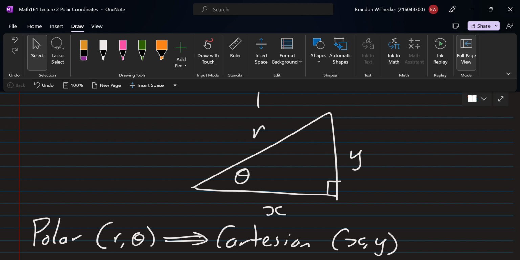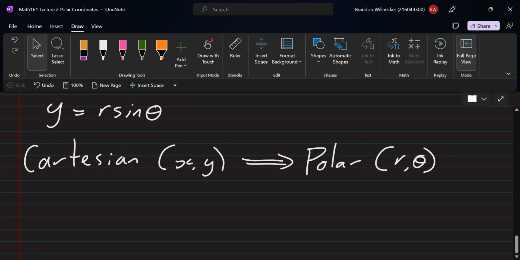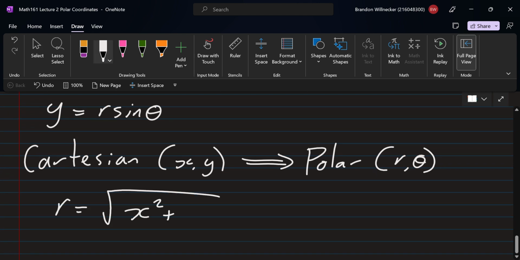How do we go back and forth? Well, to find r, we know the other two sides of the triangle. It's a right angle triangle, we can use Pythag. So r squared is going to be x squared plus y squared. We can take the root and we can get r. Okay, we know x, we know y, we can find r.